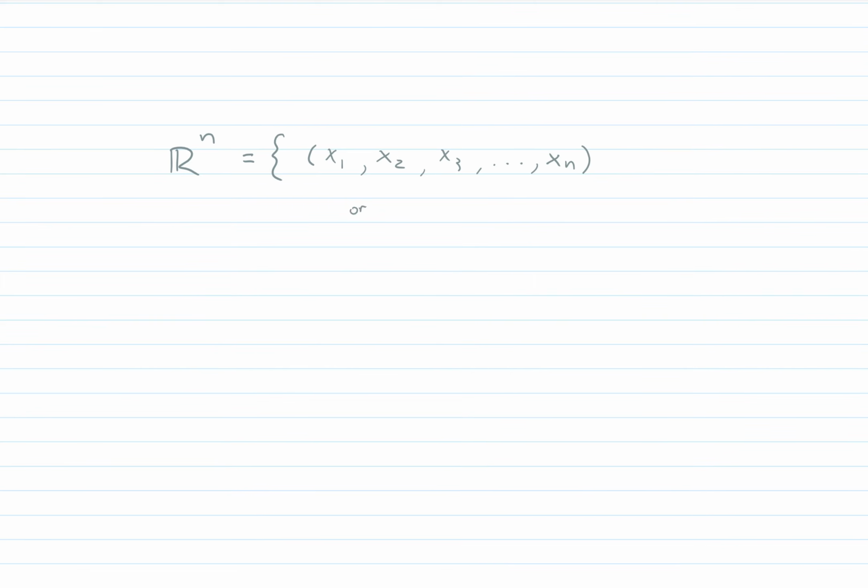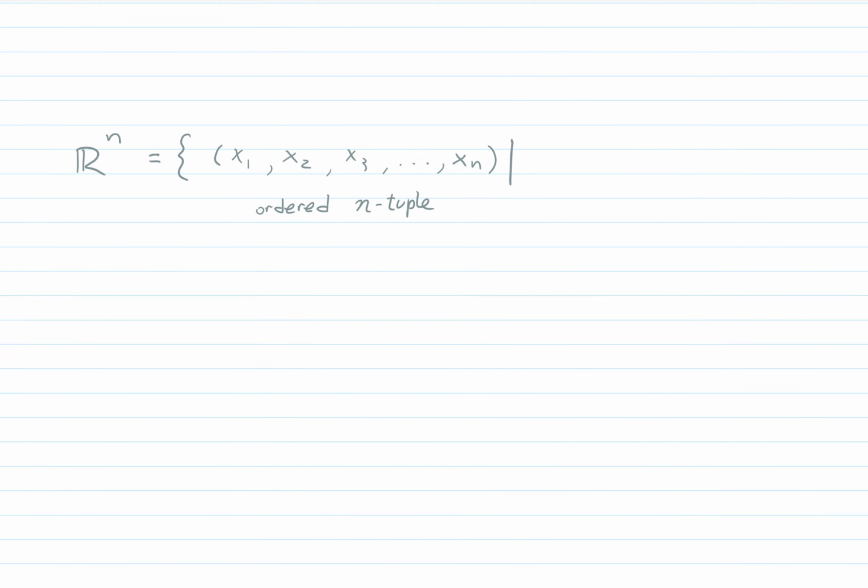That is an ordered n-tuple, such that, and now I can write x1 is an element of the real numbers, x2 is an element of the real numbers, x3 is an element of the real numbers, but it's a lot shorter for me to just write xi is an element of the real numbers for every i from 1 to n.